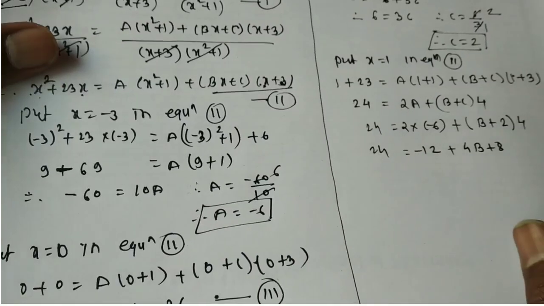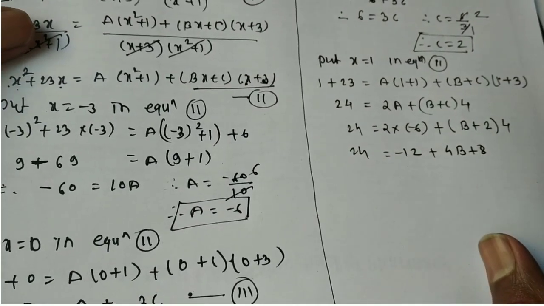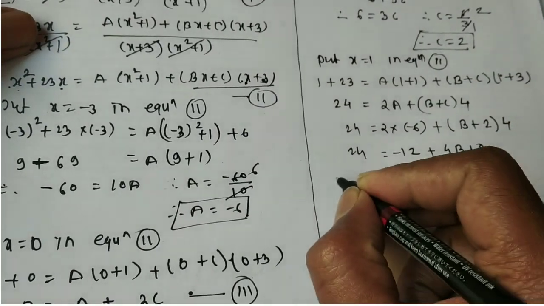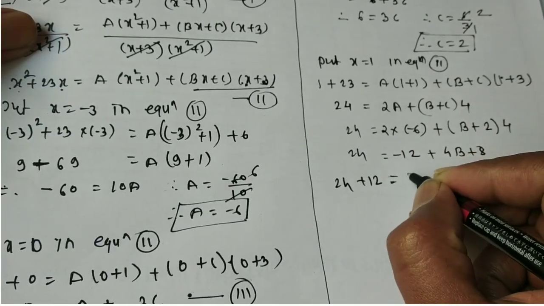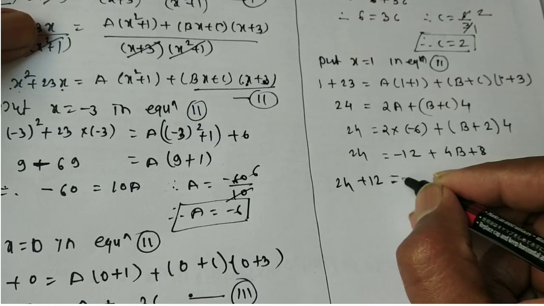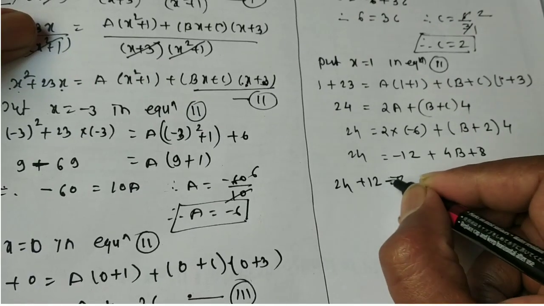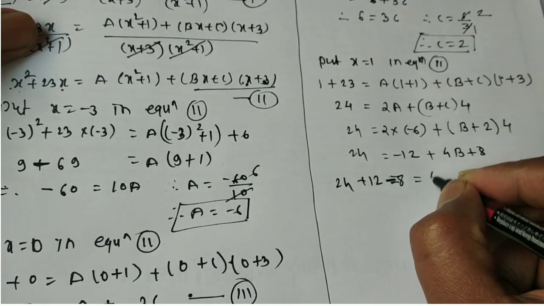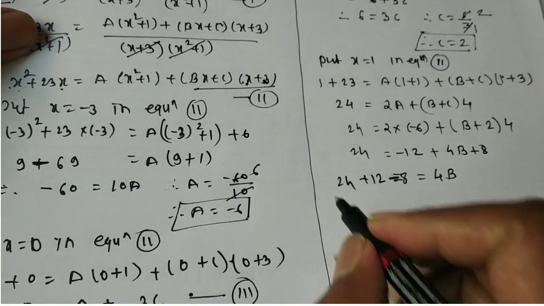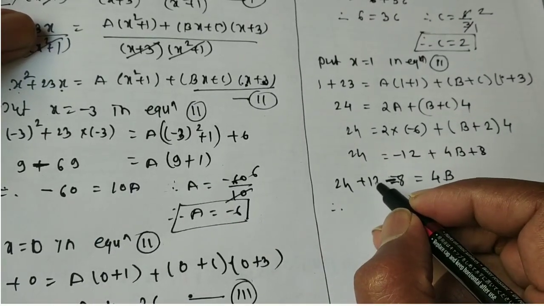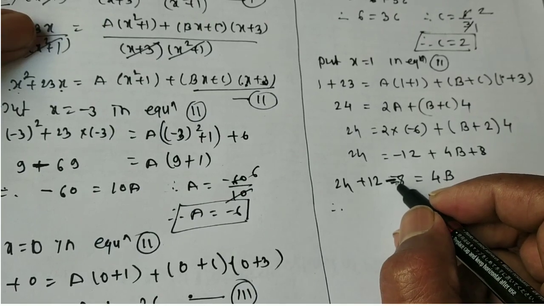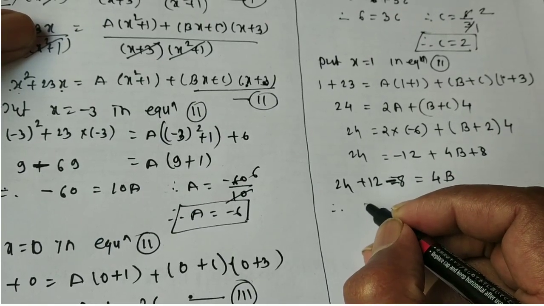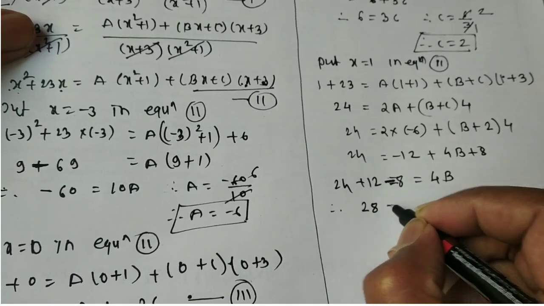And therefore what you will get here? You will get this is 24 minus 12 on the left hand side will be plus 12, and this 8 also on the left hand side it will be minus, plus becomes minus, which is 4b. So what is this 24 plus 12? 36, and minus 8. 36 minus 8, which is what? 28.